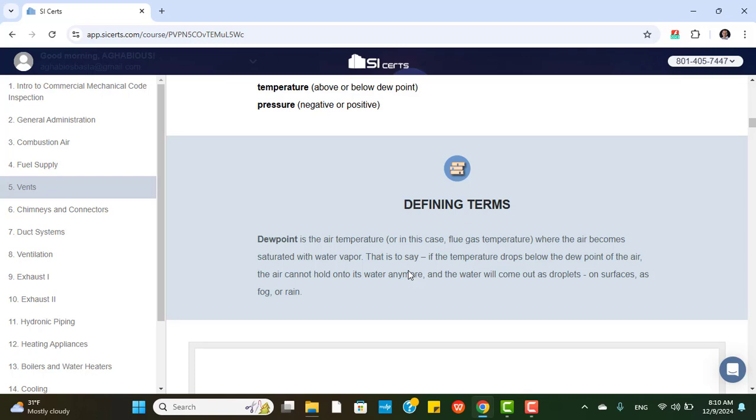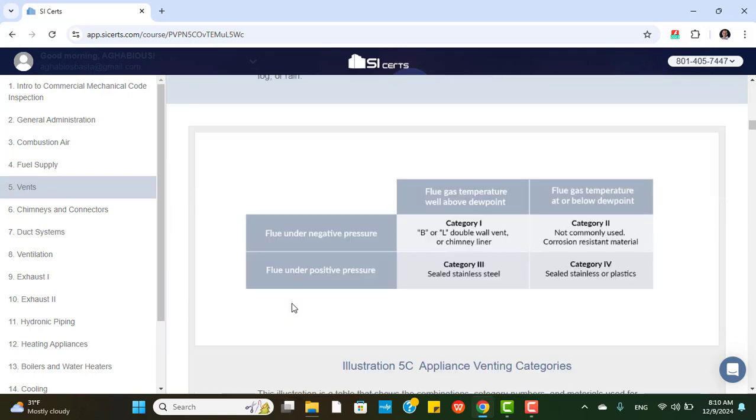This is to say, if the temperature drops below the dew point, the air cannot hold onto its water anymore, and the water will come out as droplets on a surface, as fog or rain.